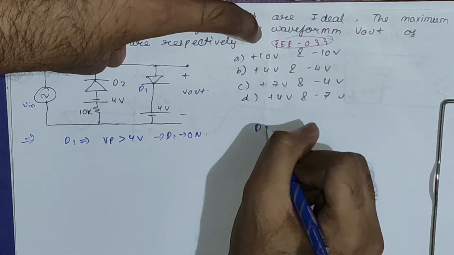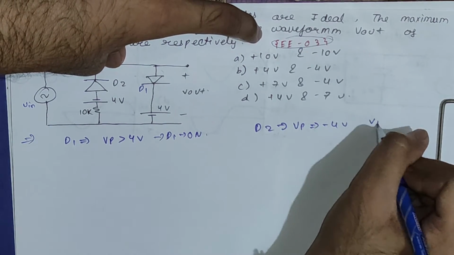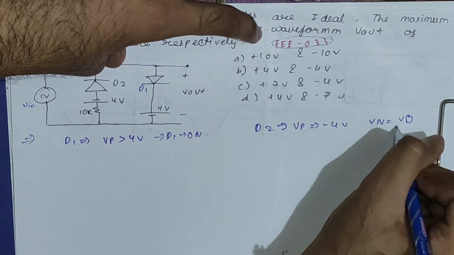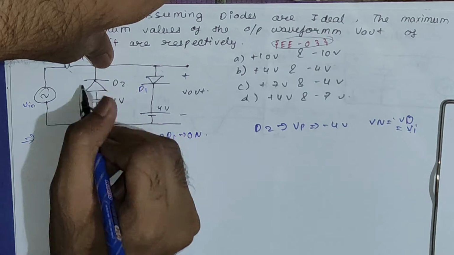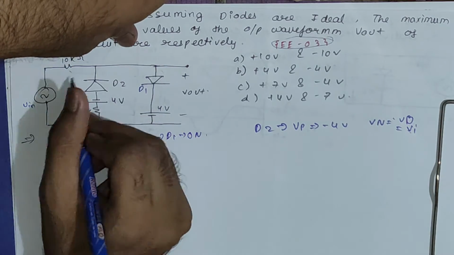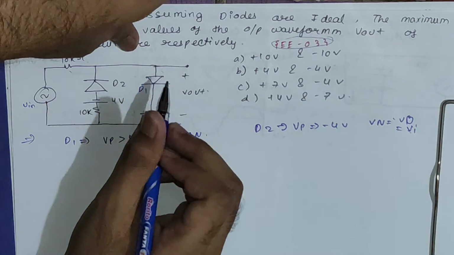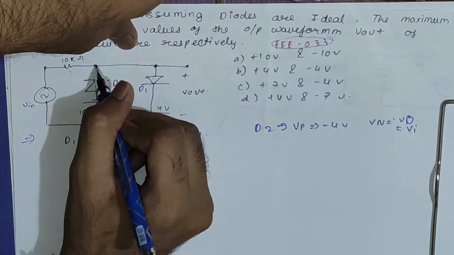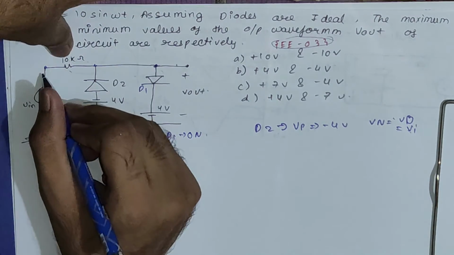And for D2, you can see Vp is minus 4 volt and Vn is nothing but Vo, which equals Vi. Here we are saying Vo equals Vi because when we open both of these diodes there won't be any closed path, so the current flowing through this circuit will be 0 ampere. So this node and this node will be at the same potential, so Vo equals Vi.